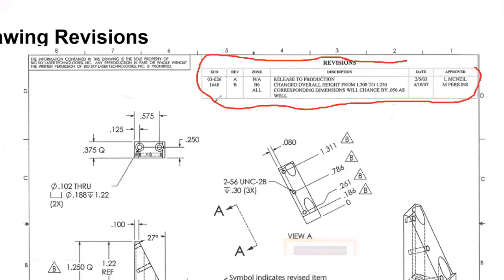Revision A has no zone shown, the description is release to production, with a date, and approved by this engineer. Then another revision, B, where the zone is B6.